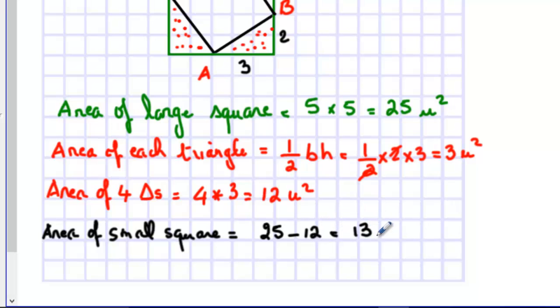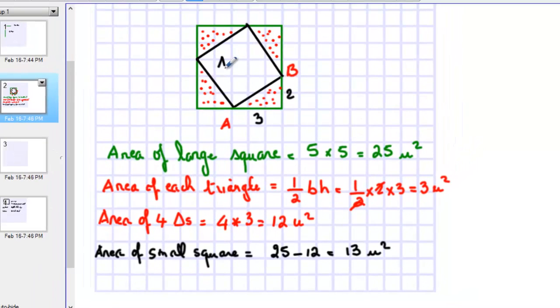The answer will be 13 units square. That means the area of the black square is 13 units square. Someone will tell me, why are you doing that? I'm doing that to get the length of the side.